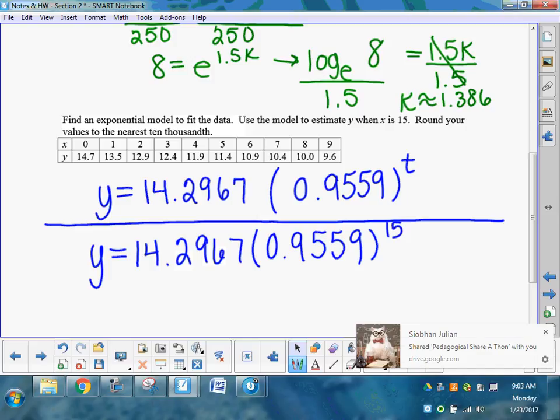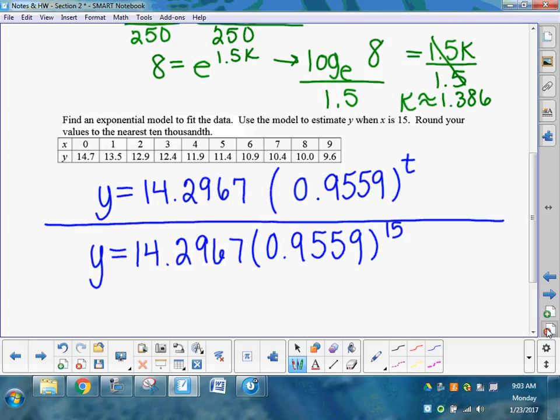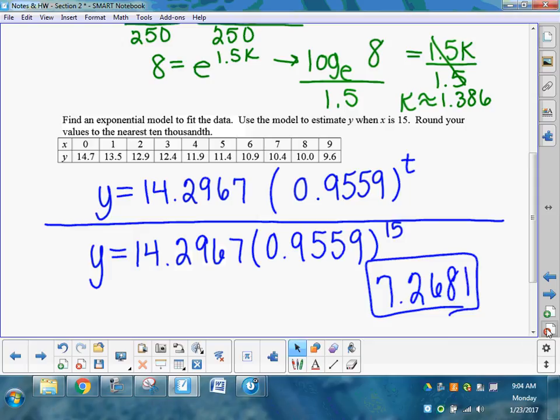Now, what do we get as a value to the nearest 10,000th, right? What would this approximation end up being? If you want to, yes.